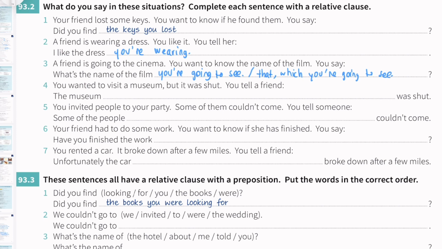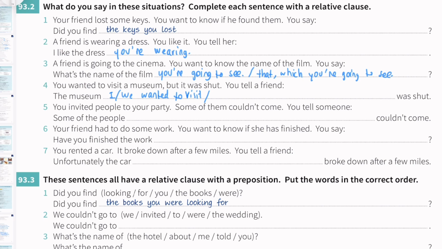Number 4, you wanted to visit a museum, but it was shut. You tell a friend, the museum I wanted to visit was shut, but the subject can be I wanted to visit or we wanted to visit. Or we can use the museum that we wanted to visit was shut. Again, we can use which we wanted to visit was shut. So there are so many possibilities here.